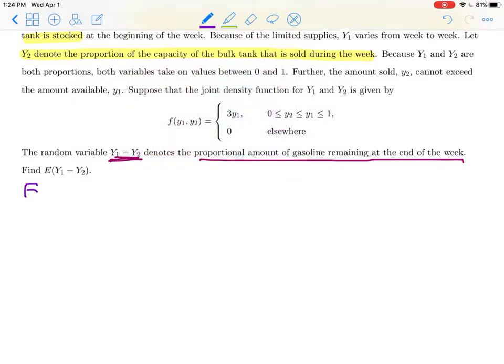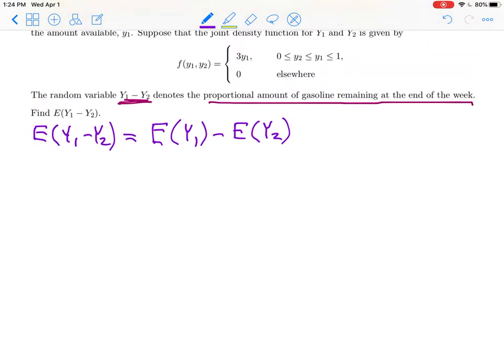So the expected value of Y1 minus Y2, using our rules from above, we could split this up as the expected value of Y1 minus the expected value of Y2. So we can find each of those expected values separately, and then put it together and find out what is the expected value of the difference.